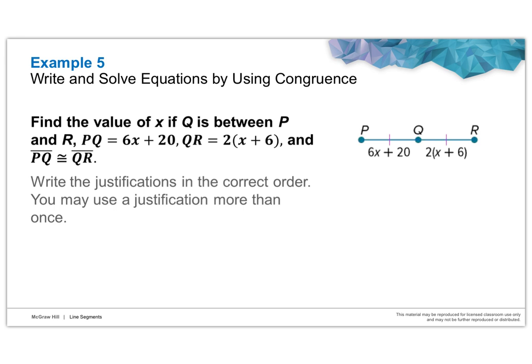And then we're told, PQ, or segment PQ, is congruent to segment QR. Our instructions are to write the justifications in the correct order. And it says you may use a justification more than once.